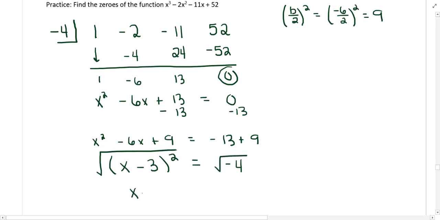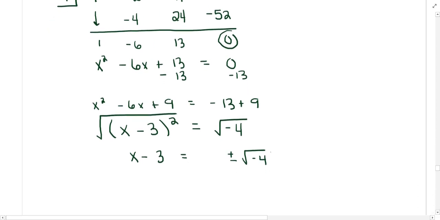And here you get x minus 3 equals plus or minus the square root of -4, which we know the square root of -4. Okay, that negative is going to become positive. We're going to put an i in front. And we're going to take this 3 here. We're going to add it. Bring it over here.